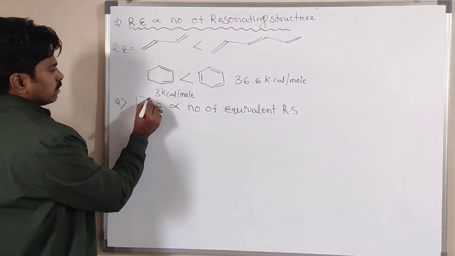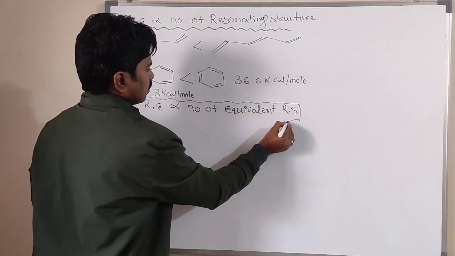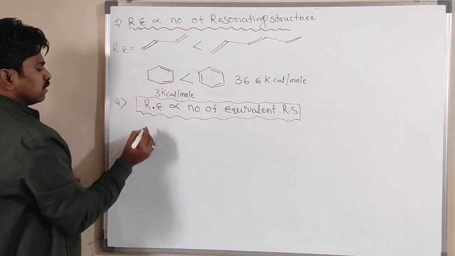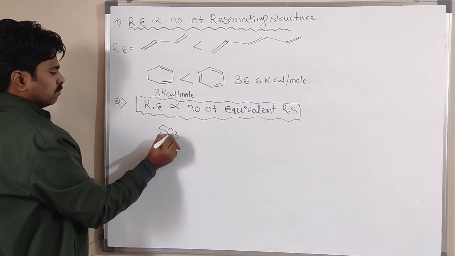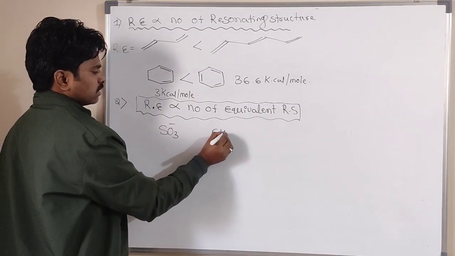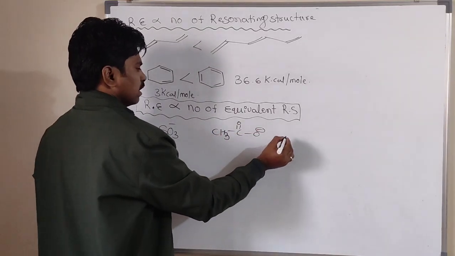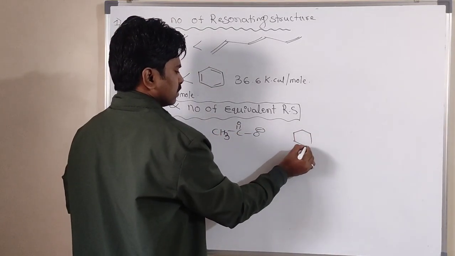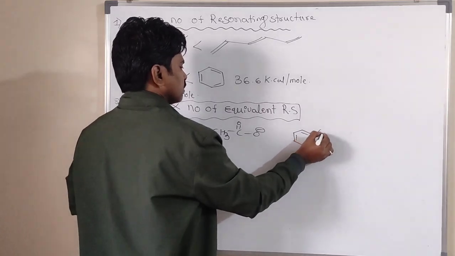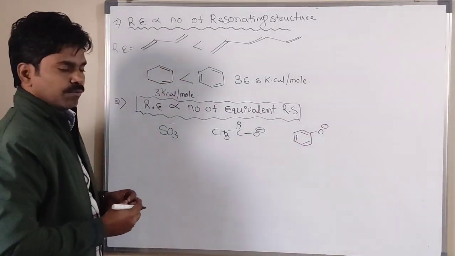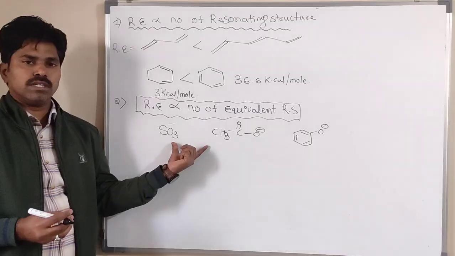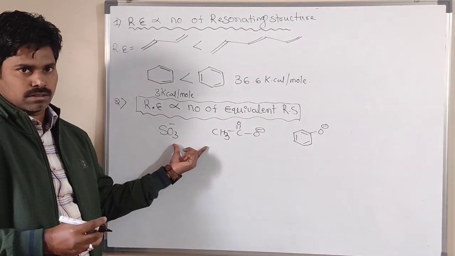For example, here there is SO3 minus, here CH3C double bond O minus, and here benzene with a minus. We know that the first two give equivalent resonating structures.